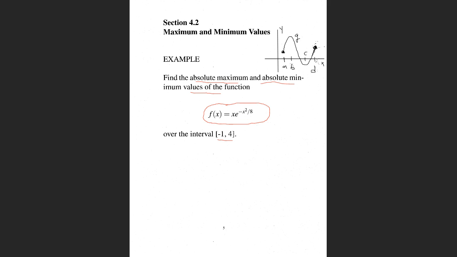And I'm restricting the polynomial to be between a and d, just like here, I restricted this interesting function to be between -1 and 4. So for this function g, is there an absolute maximum?